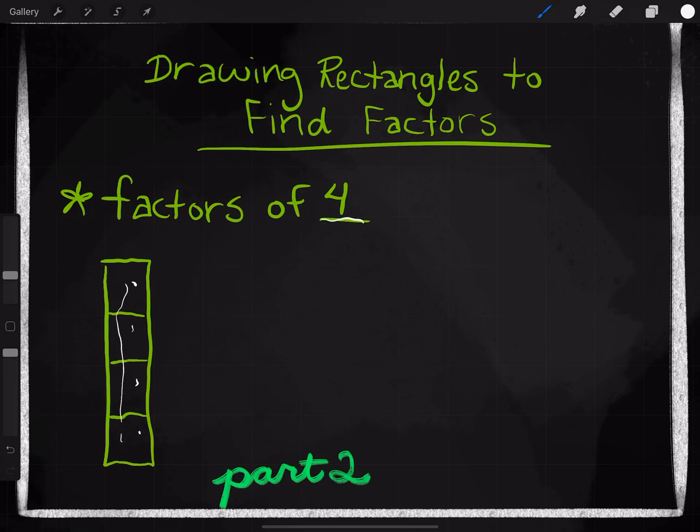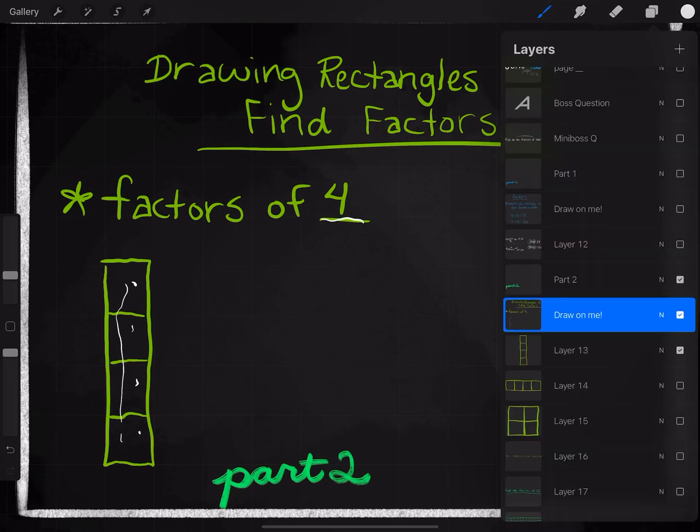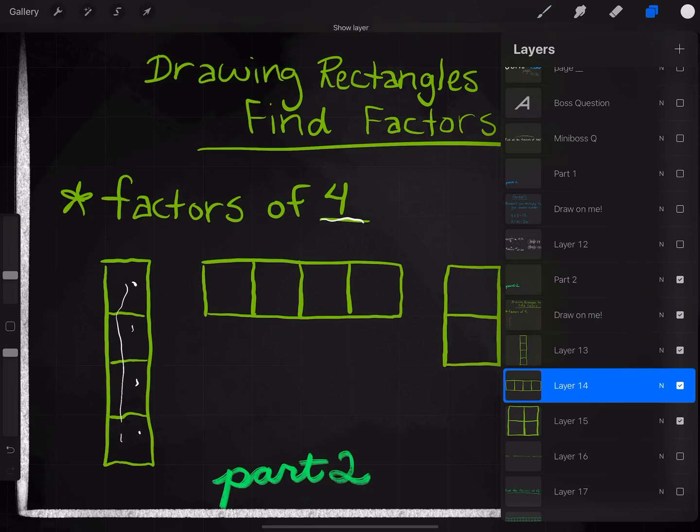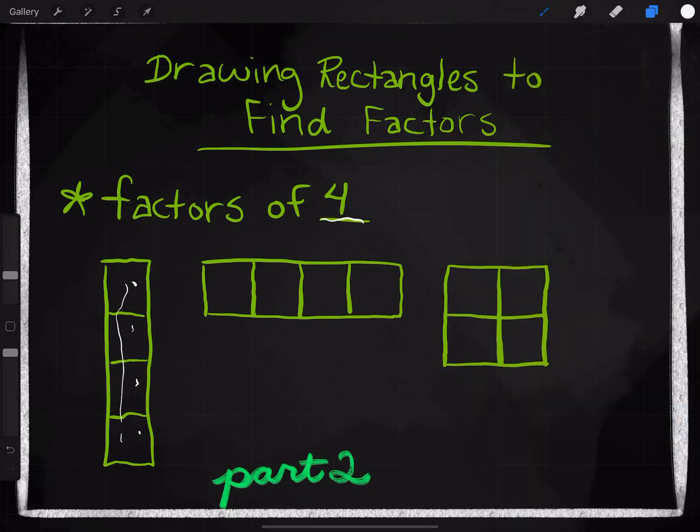We can draw more than one rectangle, so let's add in some other options. So we can also make our line of 4 squares going the other direction. And then we can also make a rectangle like this with 2 across and 2 down.